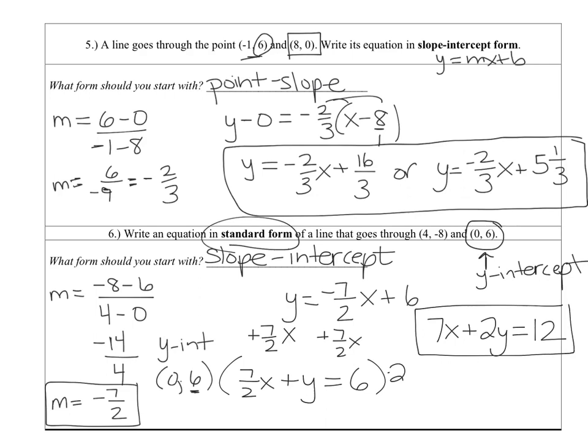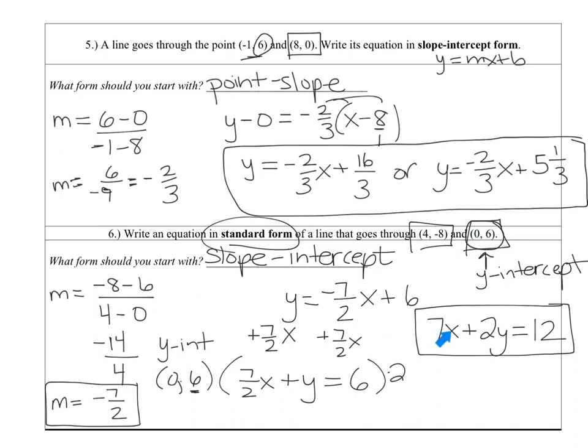Now, you could check this several ways. One way, since I didn't do a sketch of this information, checking with x and y intercepts is maybe not the best option, but you also remember this is the equation that makes both of these ordered pairs true. So another thing you can do is take those ordered pairs, plug them in, and see if they work. So real quick, plugging in 0, 6 is really easy, right?